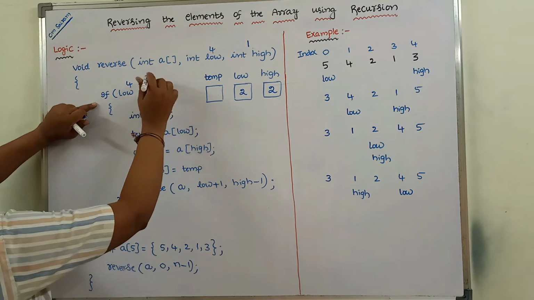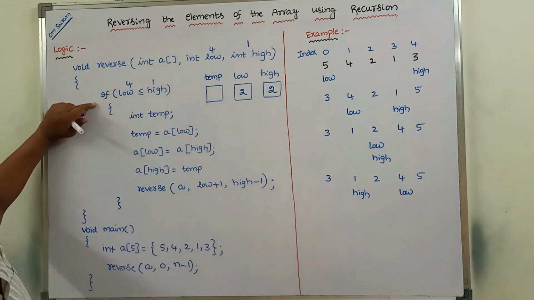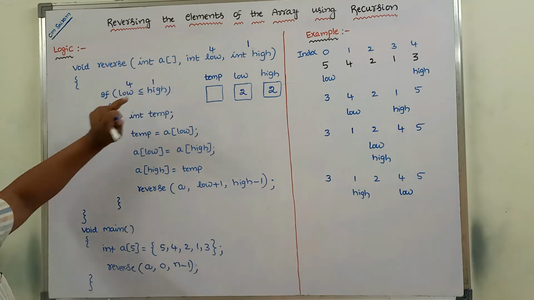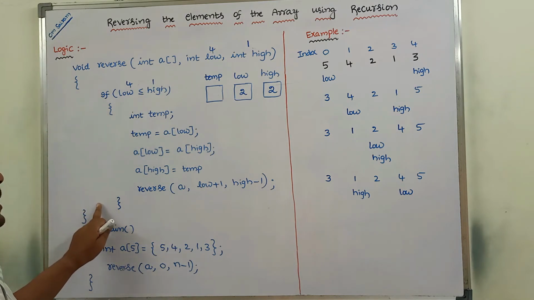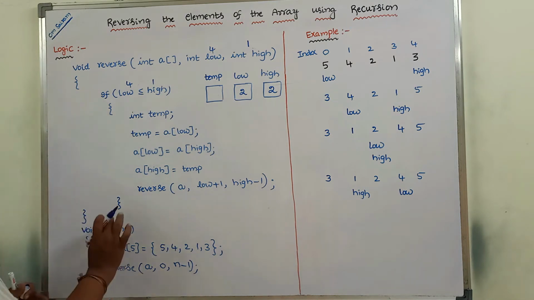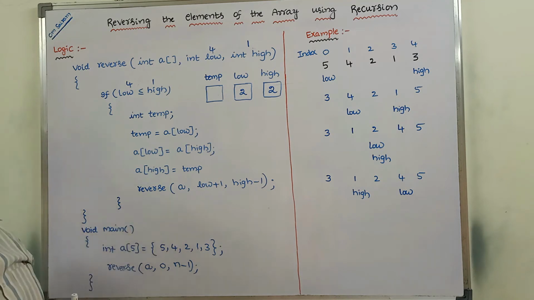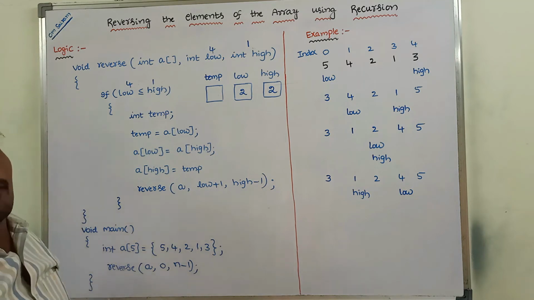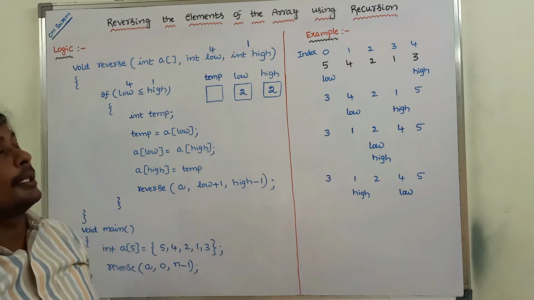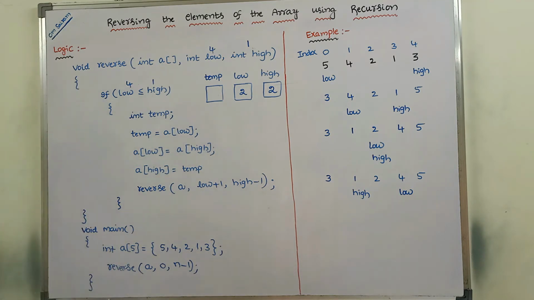So is 3 less than or equal to 1? The condition is false. If this condition is false, the control goes to the next statement after the if block. There are no statements there, so we stop the execution of the recursive function reverse.